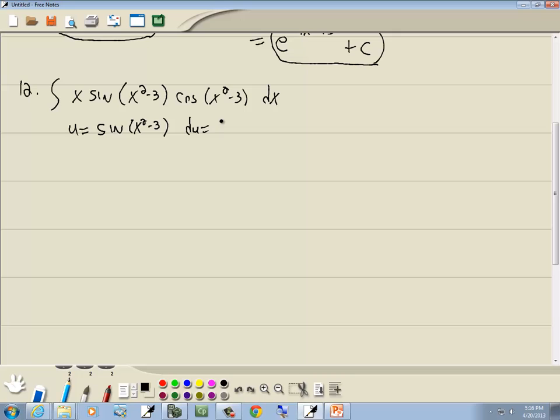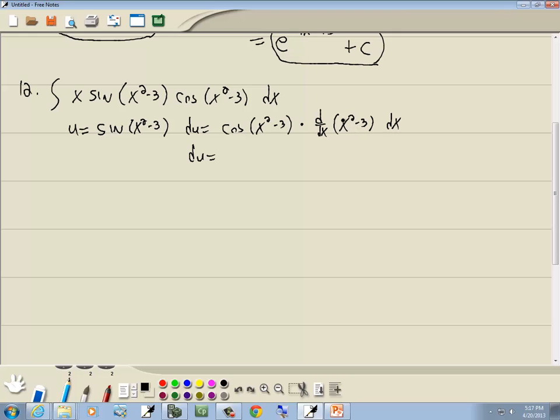If we do, the derivative of sine is cosine, so we've got cosine of x squared minus 3 times the derivative with respect to x of x squared minus 3 dx. So again, this is the chain rule. The derivative of sine is cosine times the derivative of what's inside the parentheses, and then you put your dx on.